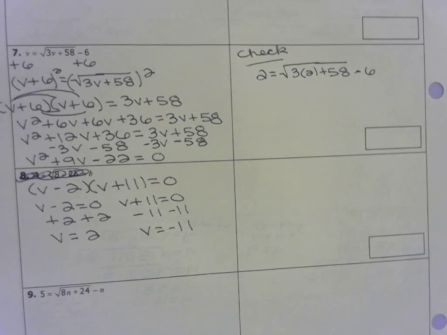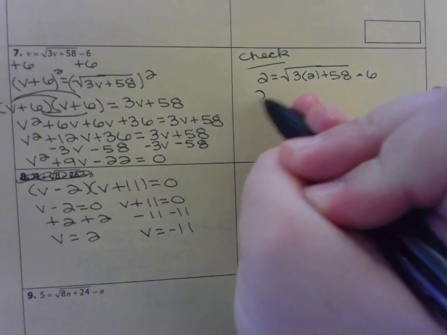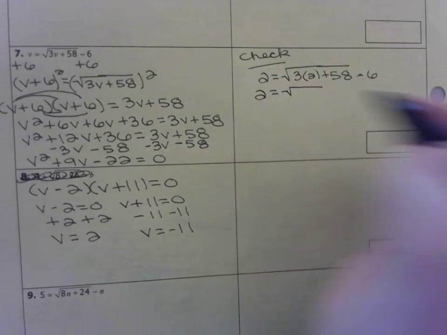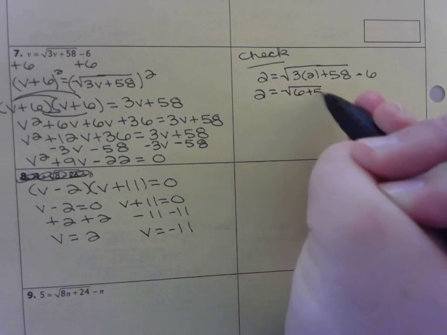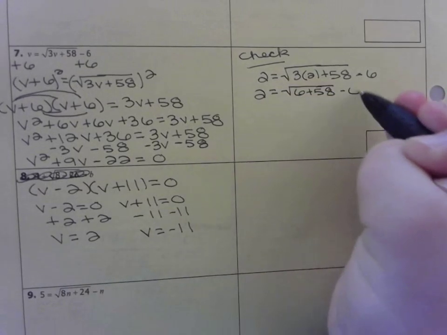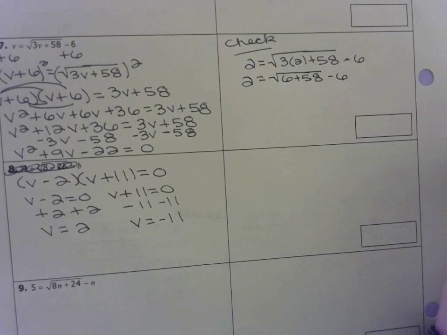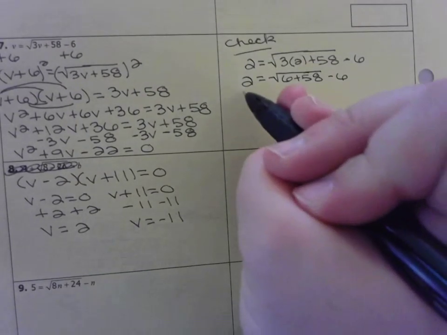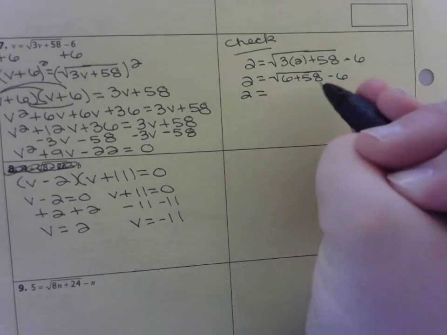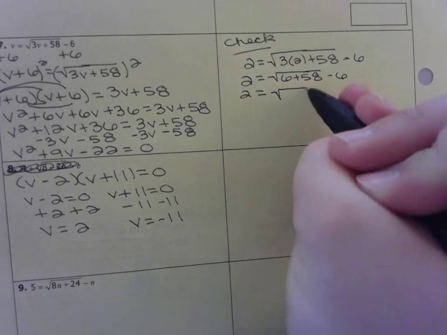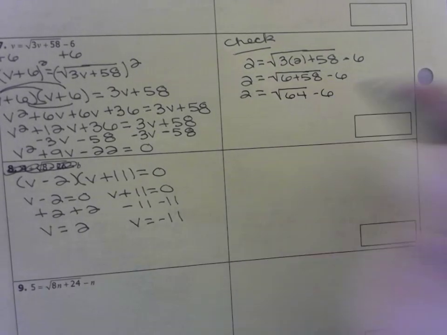So let's solve this. Let's see if this comes out true. So I plug 2 in. So 2 equals, what's 3 times 2? 6. Plus the 58, minus the 6 on the outside. It's not under the radical, the negative 6. 6 plus 58 is 64.